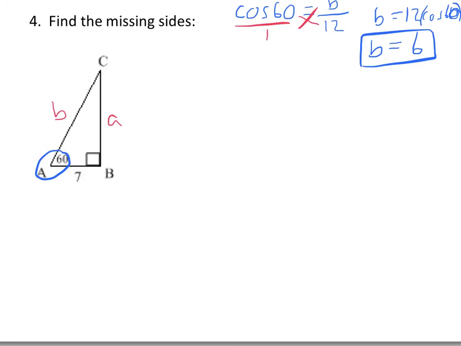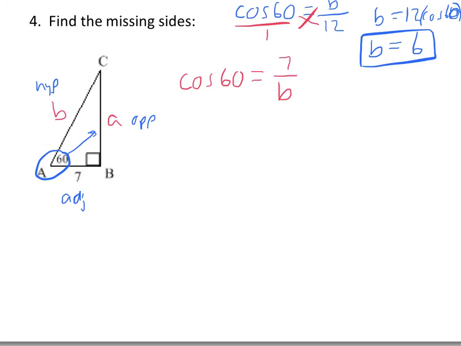If I look from here, I have opposite, I have adjacent, and I have hypotenuse. So if I do sine, I get A over B, opposite over hypotenuse, so sine doesn't work. So let's try cosine of 60. Cosine is adjacent over hypotenuse, so that works.